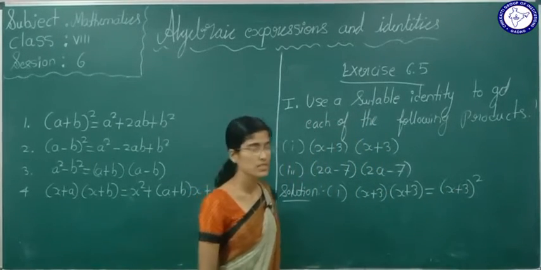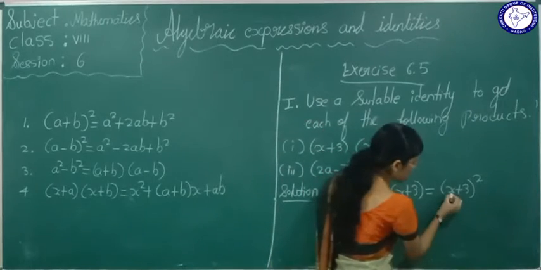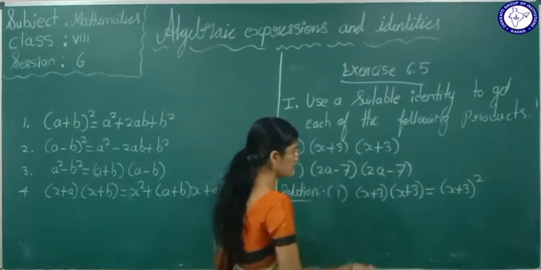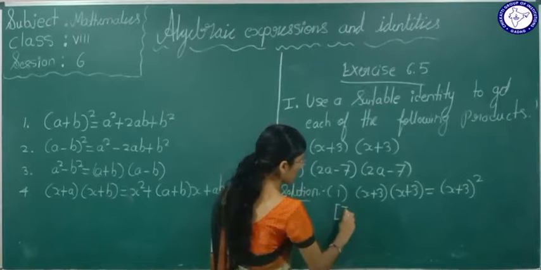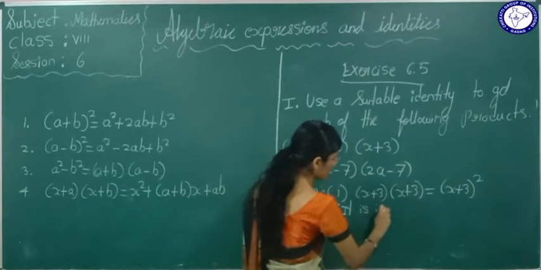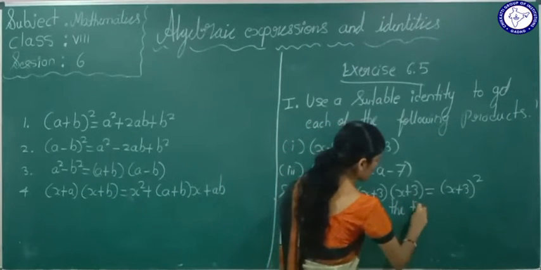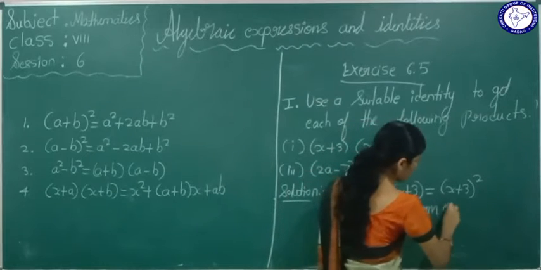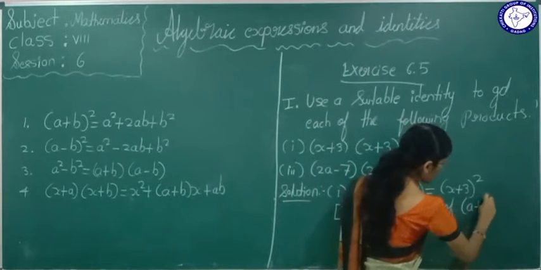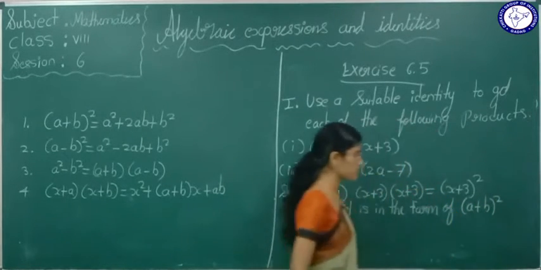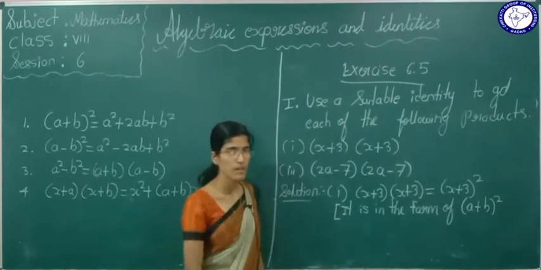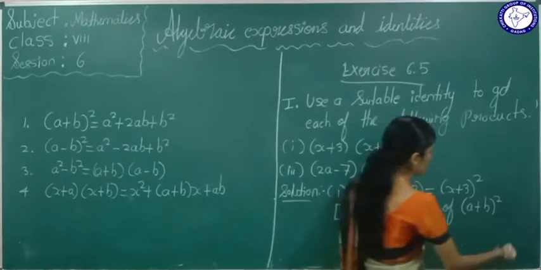Now student, this is in the form of what? It is in the form of (a plus b) the whole square.